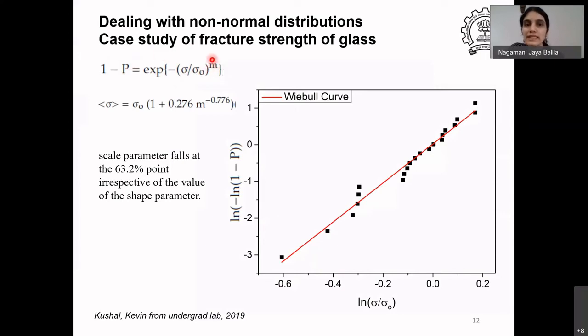The slope is this exponent here, which is called the Weibull modulus, also known as the shape parameter. Anyone can tell me how you would plot this? No idea, madam. I have already shown it here.